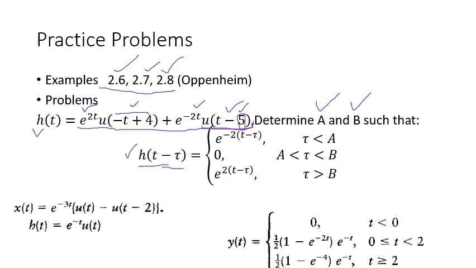Another problem you are given is an exponentially decaying or growing signal. Do you think it's a finite or infinite signal? E power minus 3t. Again, this signal is multiplied by the step function, which is u of t minus u of t minus 2.